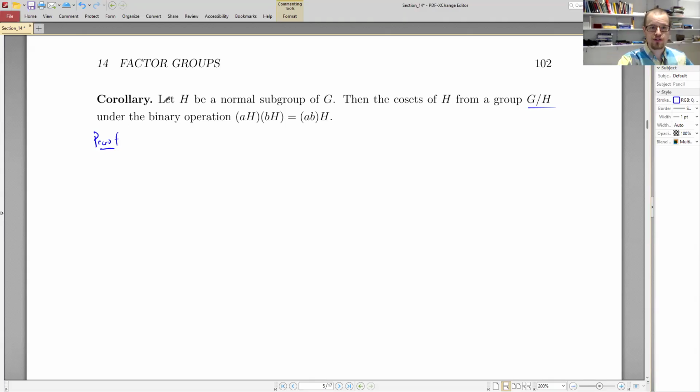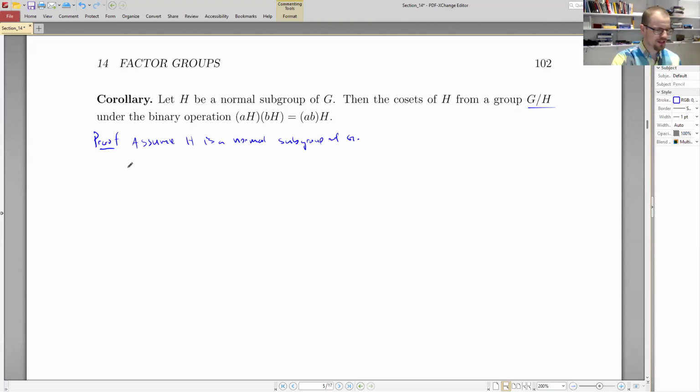So first, our assumption, the given condition, is that H is a normal subgroup of G. And now that gives us that the binary operation is well defined, and it seems that we will make use of that throughout.